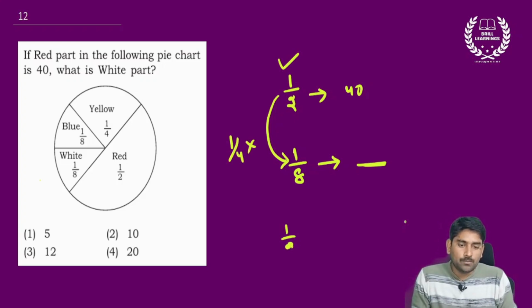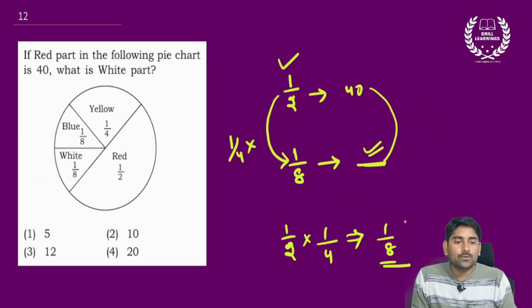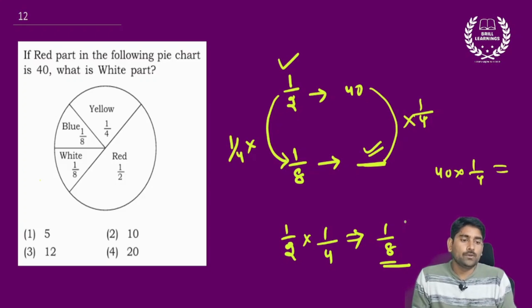Likewise, you have to multiply this 40 with 1 by 4. So 40 into 1 by 4 you will get 10. The second one is the answer.